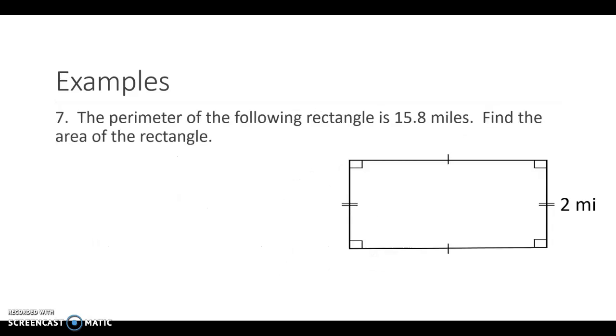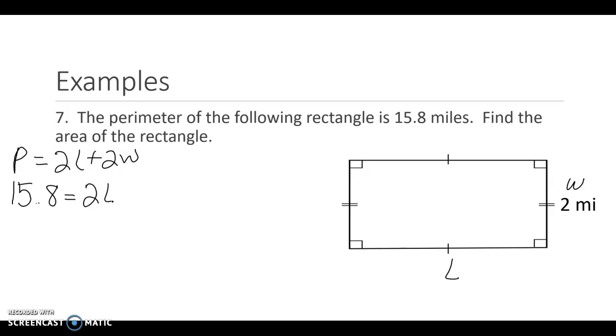All right, and last example. So here we are given a rectangle, and we are given the perimeter of the rectangle is 15.8 miles. From that, we are going to find the area. So perimeter of a rectangle is 2 length plus 2 width. So we can call this the length, we can call this the width. I know the perimeter is 15.8.